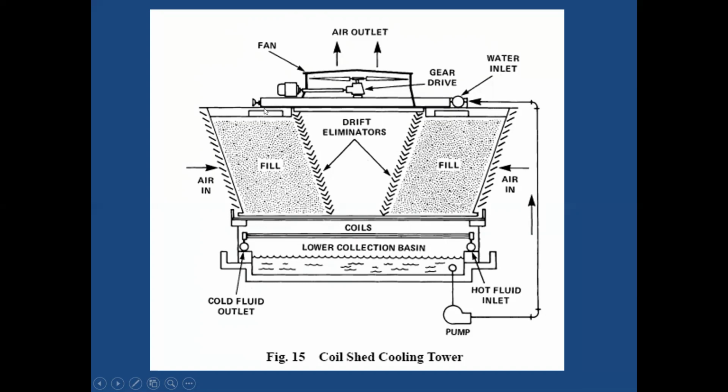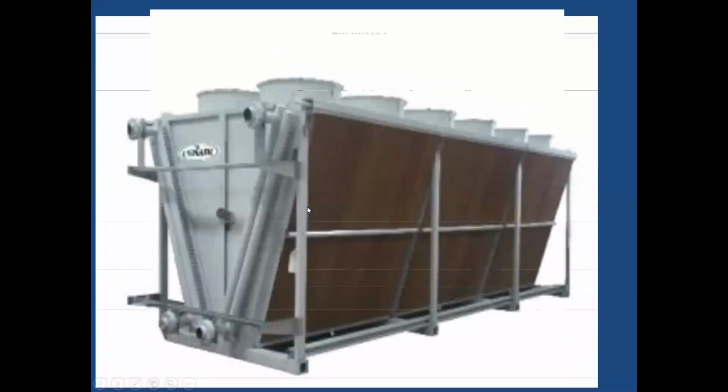When the hot water flows through this shed type structure of fill material, it gets cooled. So water gets cooled in the fill material, and the process fluid gets cooled in the coil. This is called a coil shed because its shape is like a shed.